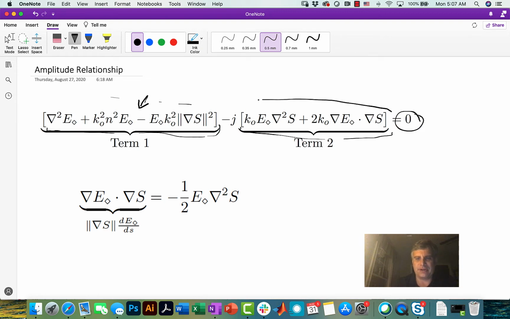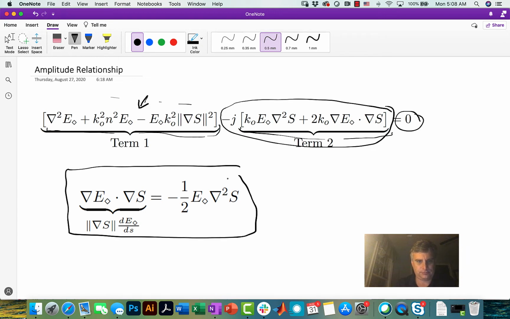Now we're going to figure out the amplitudes by saying this part also has to be 0, which means that the dot product of the gradient of the electric field dotted into the gradient of the eikonal function must be equal to this quantity, the amplitude times the Laplacian.